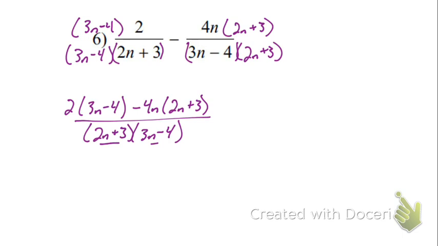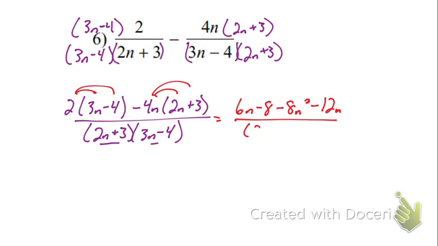Okay, we got to work with this numerator. This is going to be 6n minus 8, once again distributing the 2, and then minus 8n squared from here, and then minus 12n. That's all over 2n plus 3, 3n minus 4.